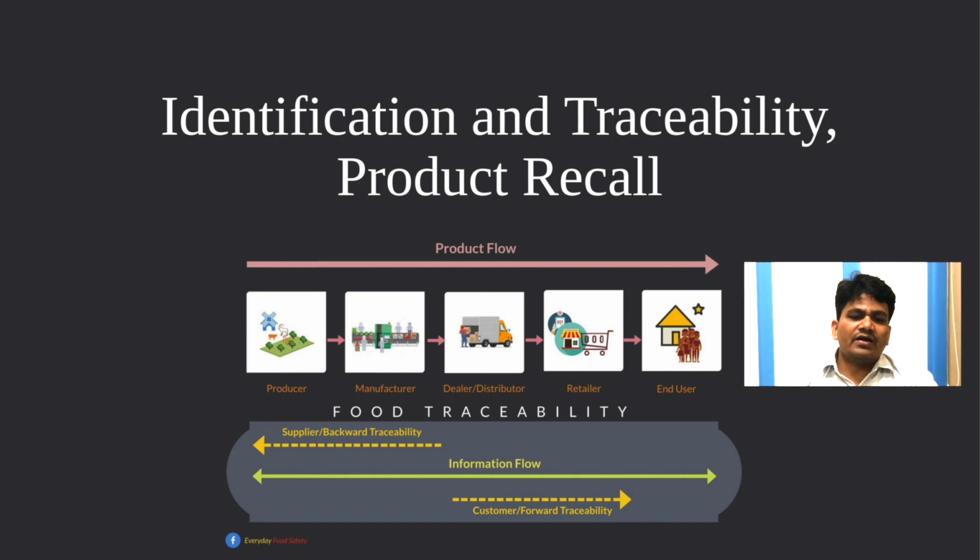When we see backward traceability, that is related to the supplier. So we can have three different components: one is the product flow, and in terms of food traceability, the information related to the supplier, which is backward traceability, and the information related to the customer, which deals with forward traceability.